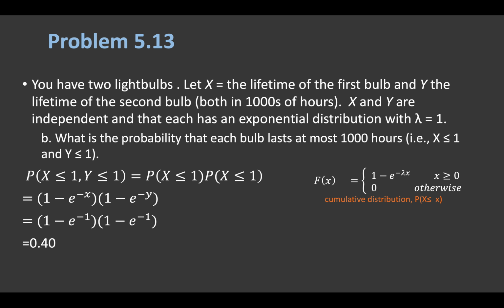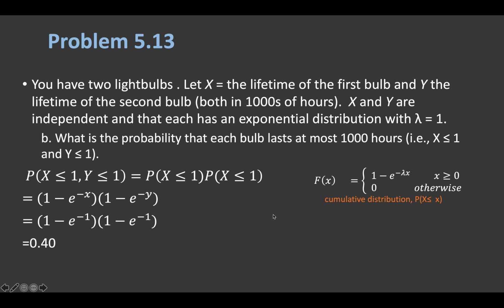The second question: what is the probability that each bulb lasts at least 1,000 hours? Meaning that x is smaller than or equal to 1 and y is smaller than or equal to 1. Remember, each value of 1 represents 1,000 hours.